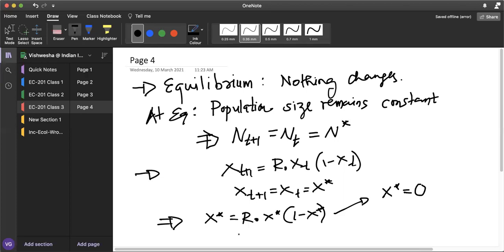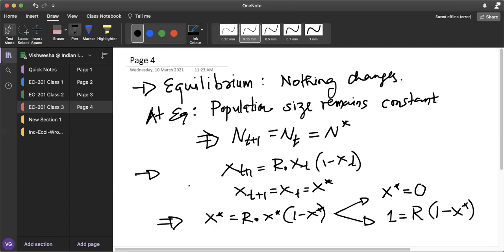What's an alternative equilibrium value? That will then follow: 1 is equal to R times 1 minus x star. Basically, assuming that x star is not 0, I have cancelled the x stars on both sides, so then I'm left with this equation.